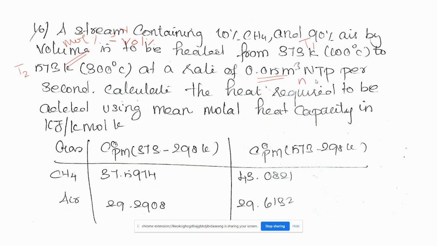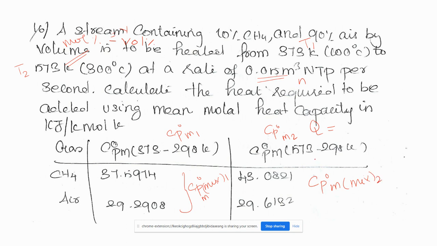Now we have to calculate the heat required, that is Q. They have given the Cp naught M values, this is Cp naught M1 and this is Cp naught M2. From this we have to find Cp naught M of mix 1 and here we have to find Cp naught M of mix 2.